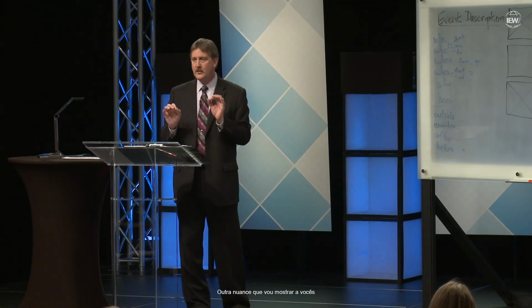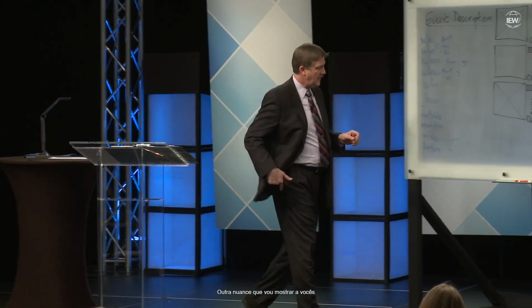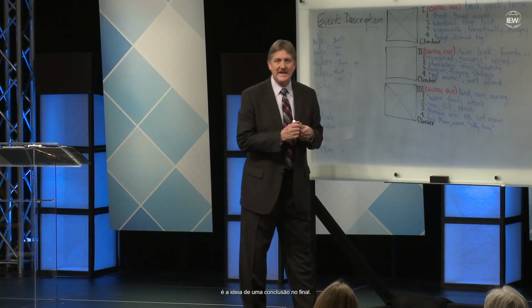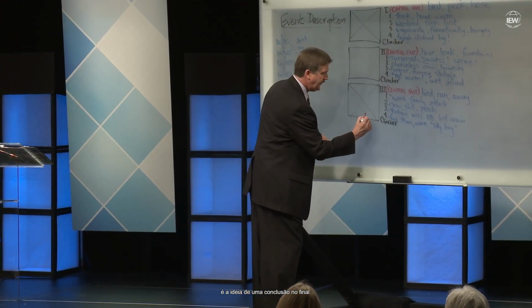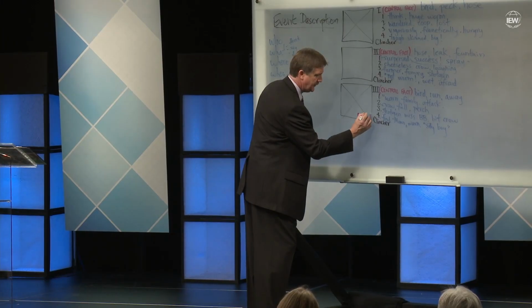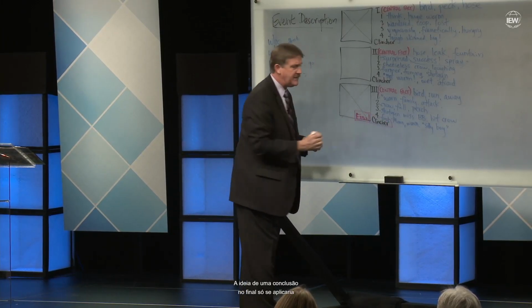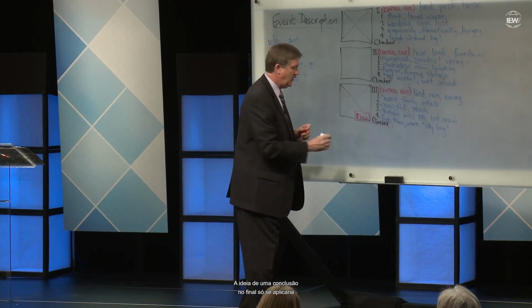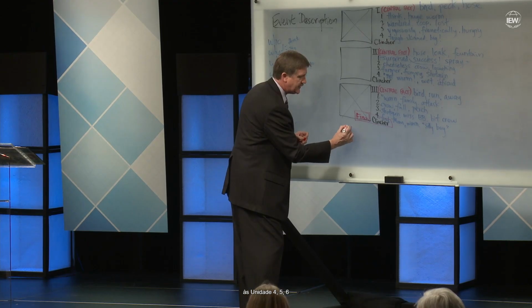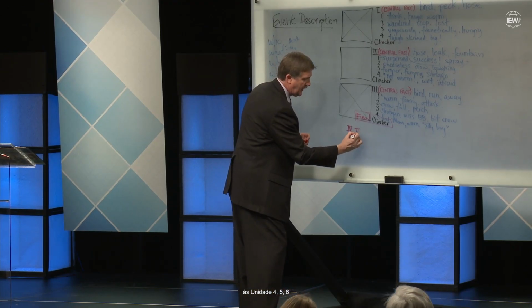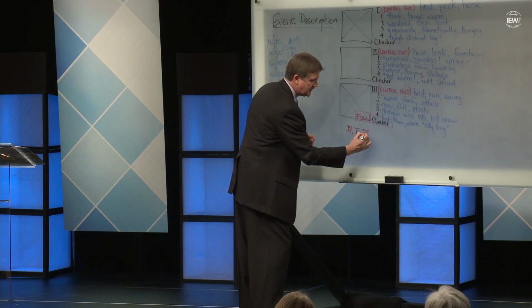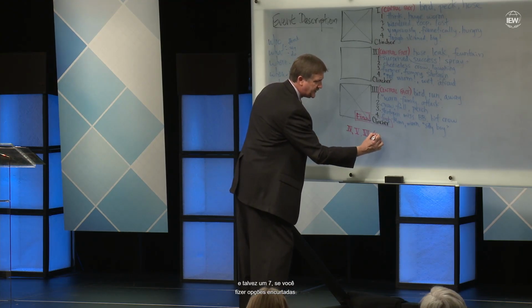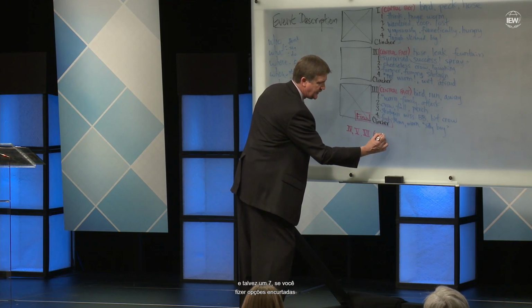Now one other little nuance I'll point out to you here, and that is the idea of a final clincher. This idea of a final clincher would apply only to units 4, 5, 6, and maybe 7 if you do shortened variations.